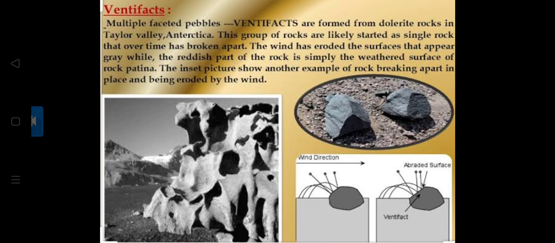Through the erosion of wind, the surfaces appear gray, while the reddish part of the rock is simply the weathered surface, the rock patina. The next picture shows another example of rock breaking apart in place and being eroded by the wind.